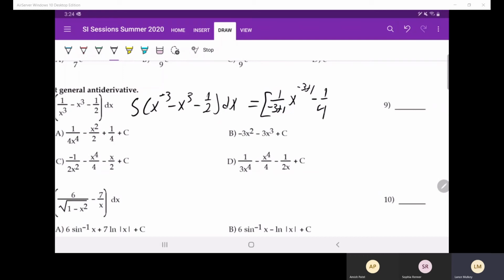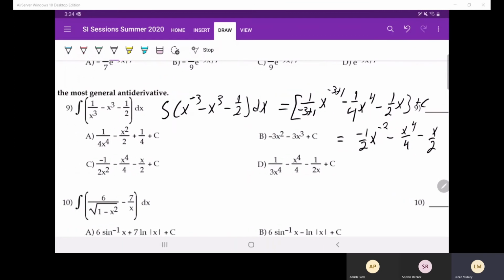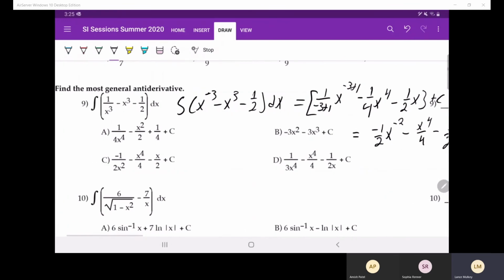Minus 1 over 4 x to the 4th, minus 1/2 x, plus c, equals negative 1 over 2 x to the negative 2 minus x to the 4th over 4 minus x over 2, plus c.